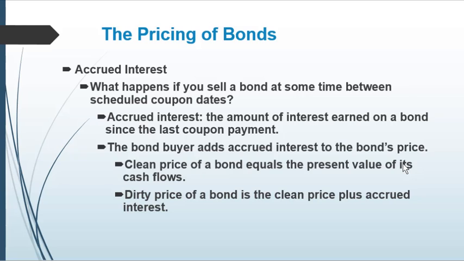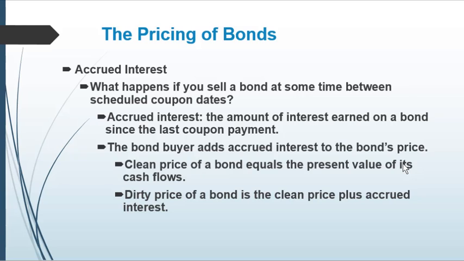If you'd held it for 3 months and now you want to sell it, you're entitled to the first 3 months' interest. But the interest isn't going to be paid till the end of that 6 months. So essentially what we have is something called accrued interest, right?